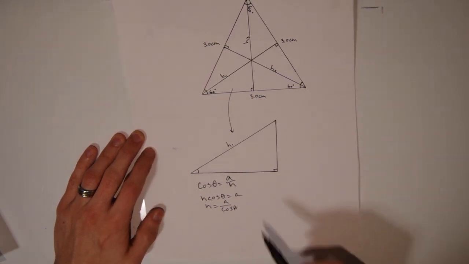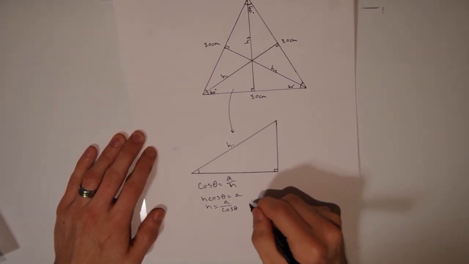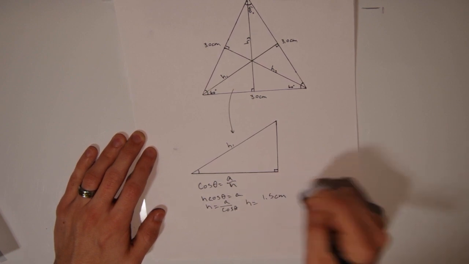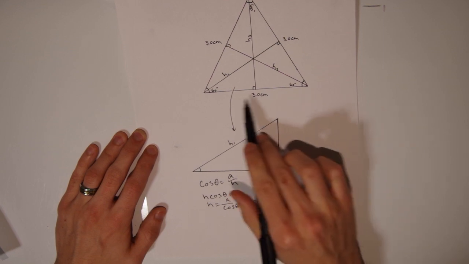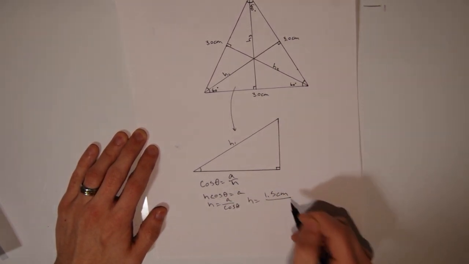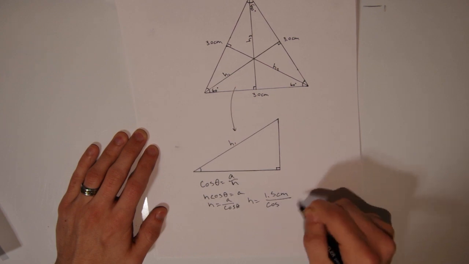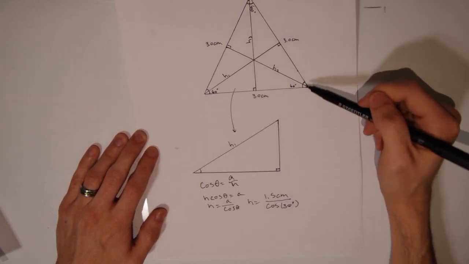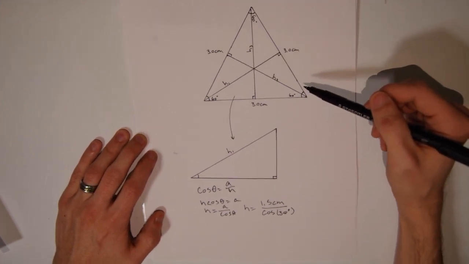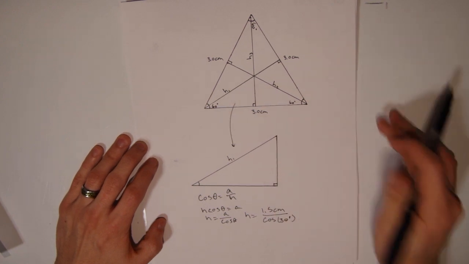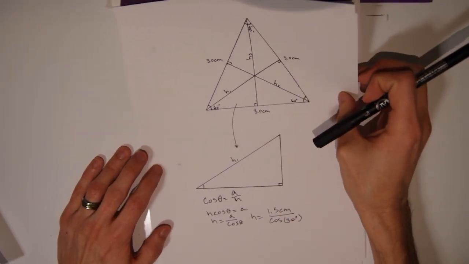Plugging in our given numbers, since we cut this bottom length in half, we have h equals 1.5 centimeters over the cosine of 30 degrees. The reason for 30 degrees is that in an equilateral triangle you have 60 degrees at each vertex, so dividing that vertex by 2, you get 30 degrees.